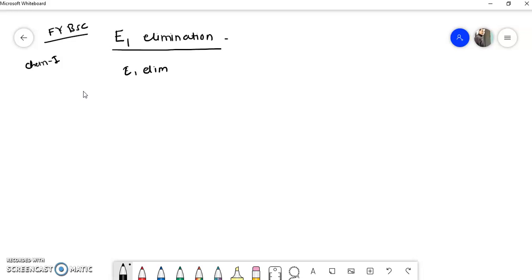E1 elimination is observed if the starting material is a tertiary alkyl halide.